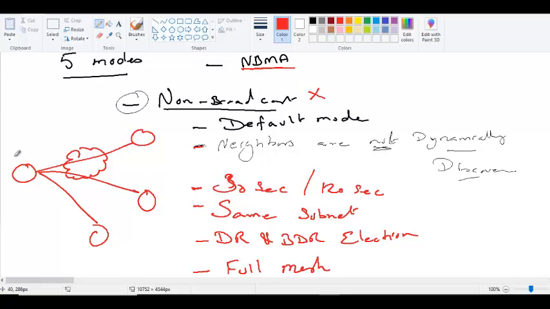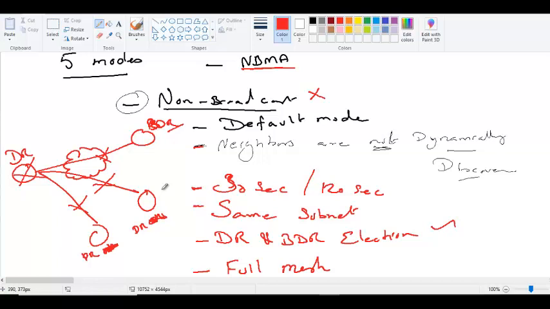No use, isn't it? Because there is no connection between these three routers. They were all connected only through DR. Only in full mesh. So we understood when we should use non-broadcast.